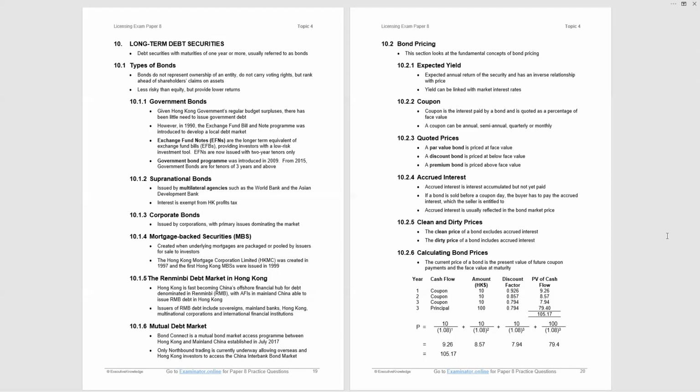Issuers of renminbi debt include sovereigns, mainland banks, etc. Mutual debt market. Now, the example we now have is the Bond Connect, and that enables investors in Hong Kong to invest through the northbound trading link, giving access to the China interbank bond market.